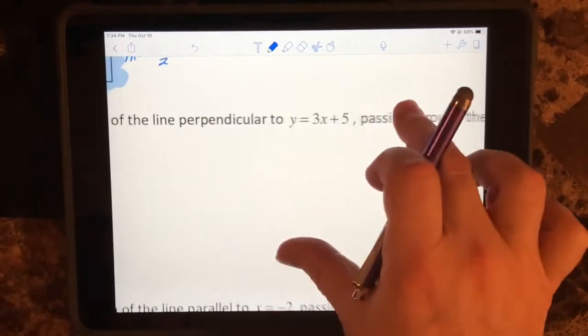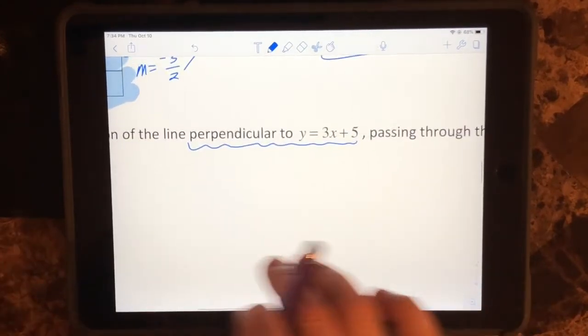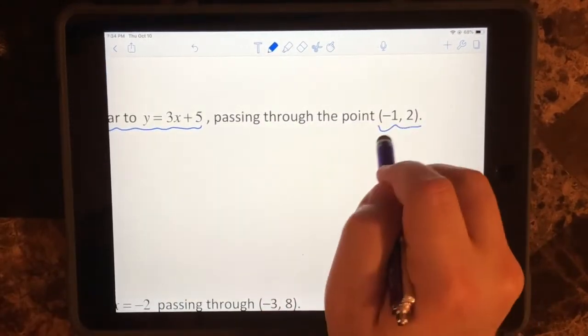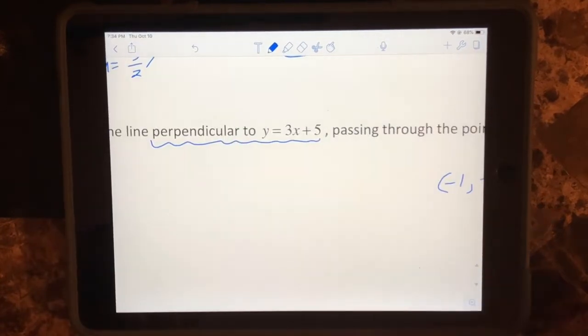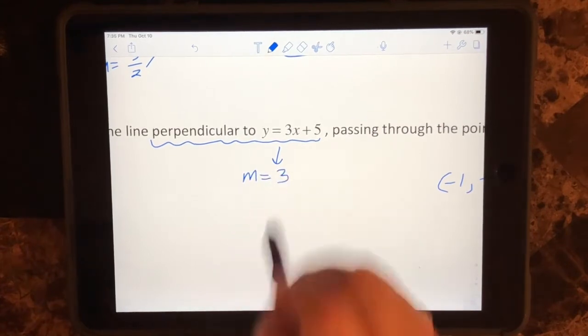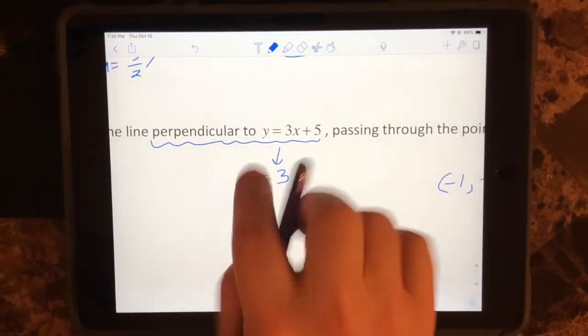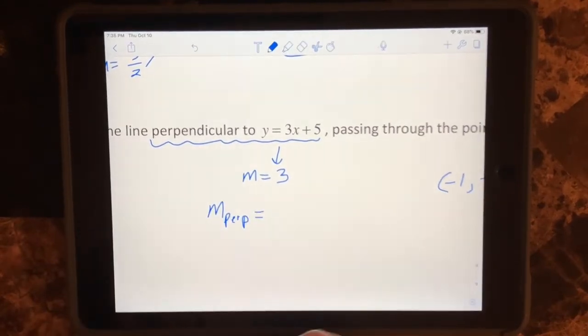Write the equation of the line perpendicular to this line and goes through this point. So I already know that I have the point -1, 2. The slope of this line is 3. But I don't want the slope of this line. I want the slope of the line perpendicular to it.